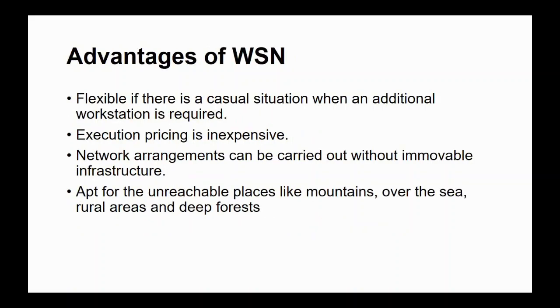and there are several advantages of WSN. It is flexible, and also inexpensive. The network arrangements can be carried out without immobile infrastructure, and it can be used in unreachable places like mountains, over the sea, rural areas, and deep forests.